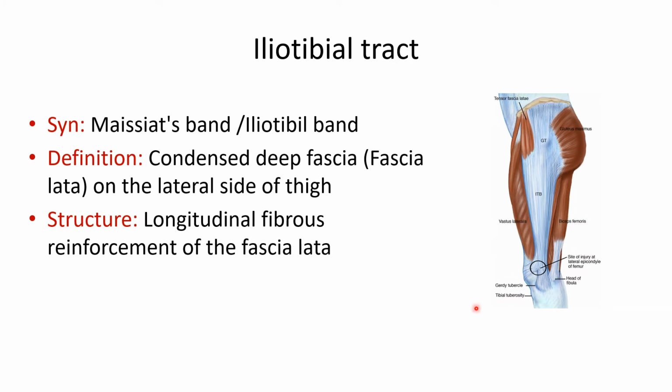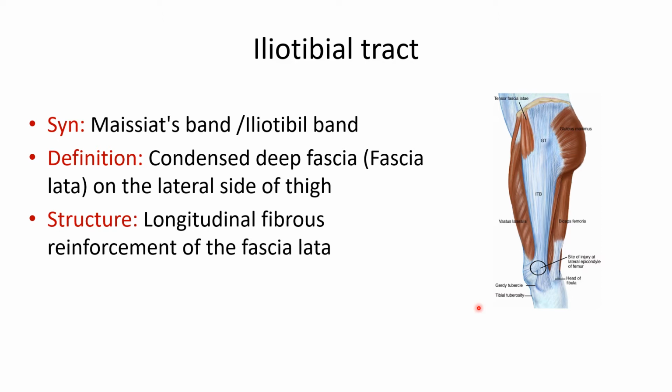The iliotibial tract is also known as Maissiat's band, and it can be defined as a condensation of deep fascia of thigh, which is known as fascia lata, on the lateral aspect of the thigh.